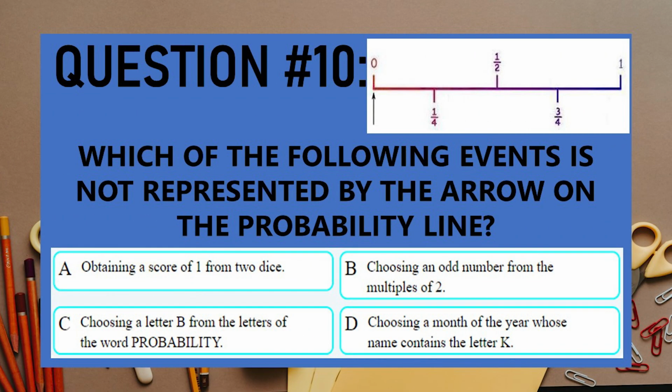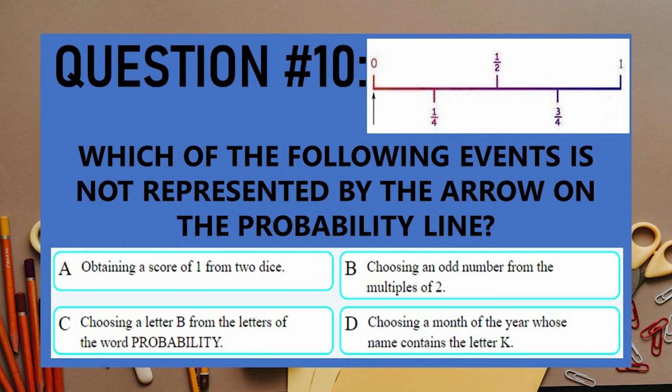Question number 10. Which of the following events is not represented by the arrow on the probability line? Letter A, obtaining a score of 1 from 2 dice. Letter B, choosing an odd number from the multiples of 2. Letter C, choosing a letter B from the letters of the word probability.